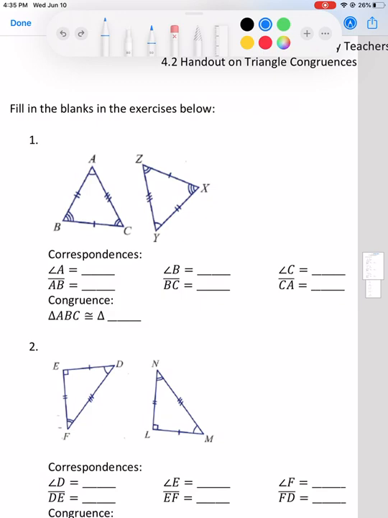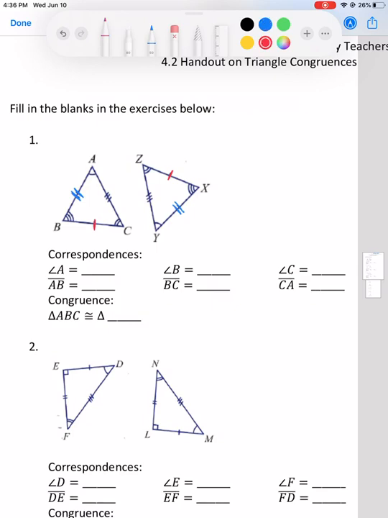The marks on the sides are little tick marks and they correspond to each other. So if there's one tick mark on side BC, it will be equal to the side with one tick mark, which means that it will be equal to the side XZ. If there are two tick marks on a side, then between these two congruent triangles, AB is also corresponding with side XY.